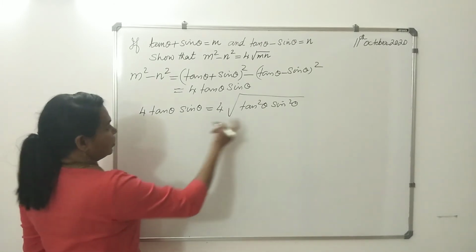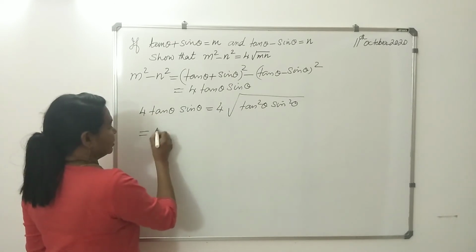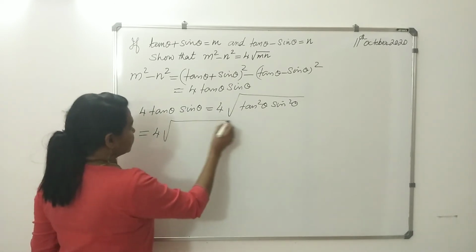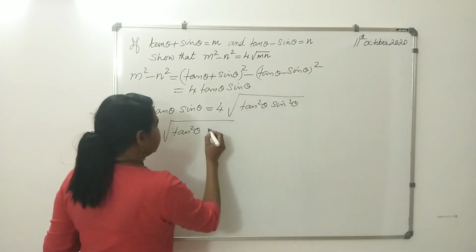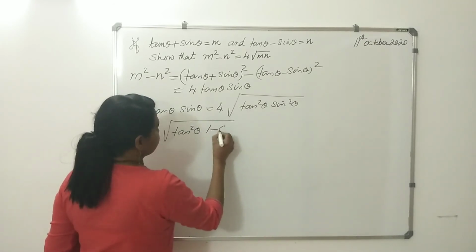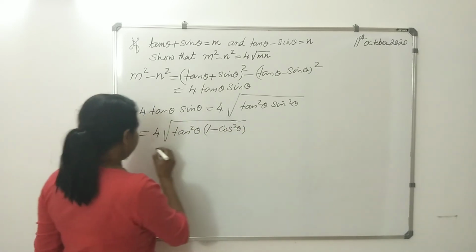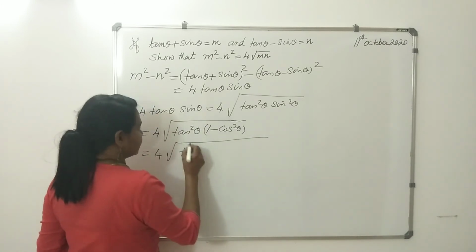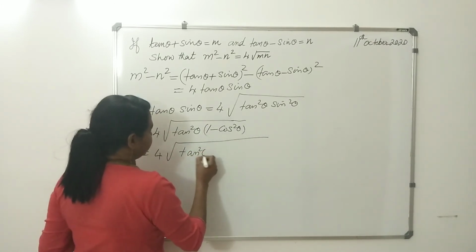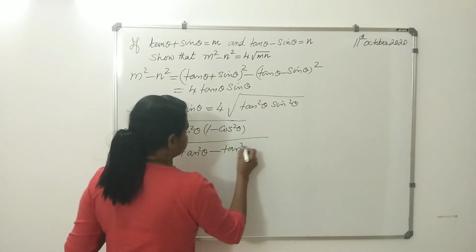Okay. Now, we know sin square theta is 1 minus cos square theta. So, you can write 1 minus cos square theta for sin square theta. Okay. Expanding, we get 4 into square root of tan square theta into 1, it is tan square theta, minus tan square theta into cos square theta.